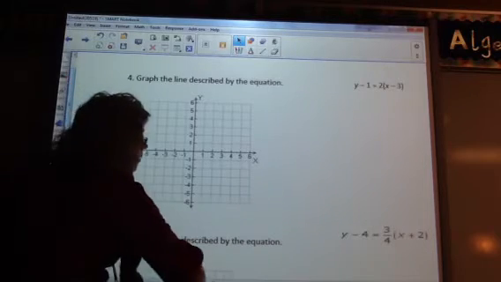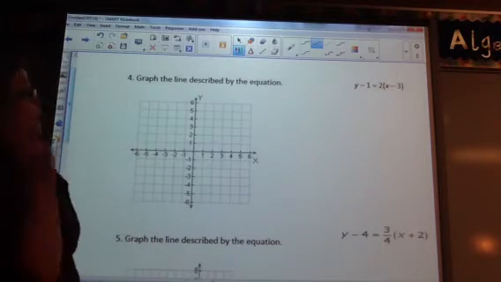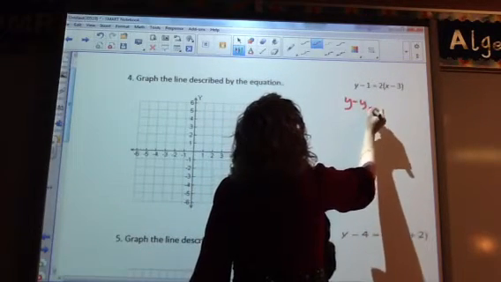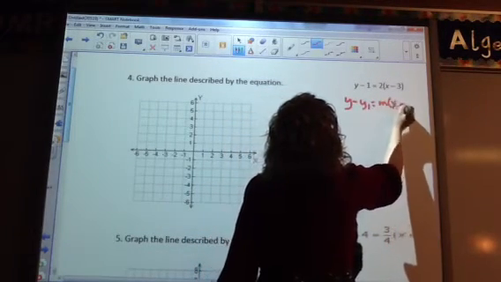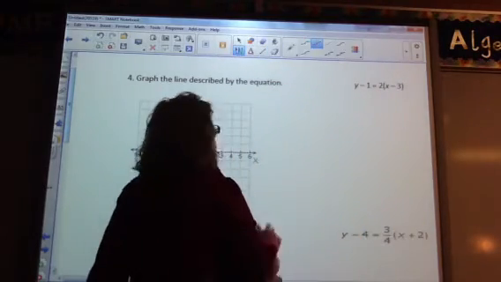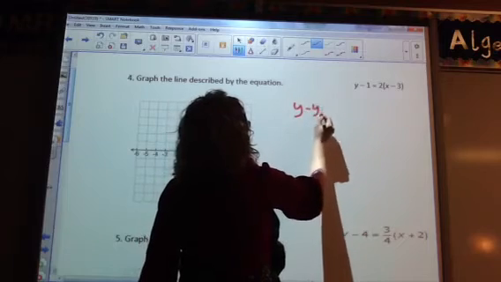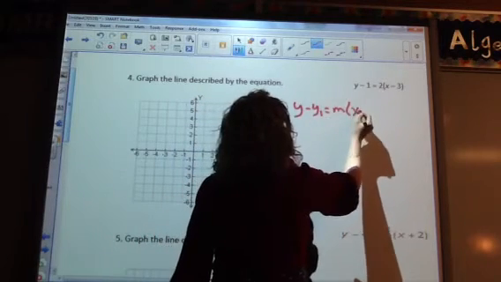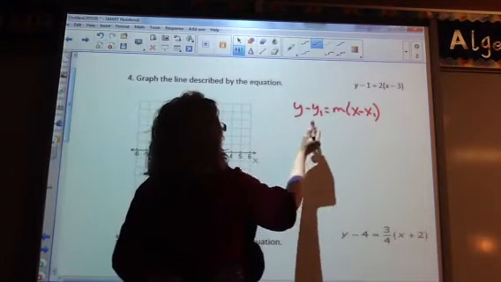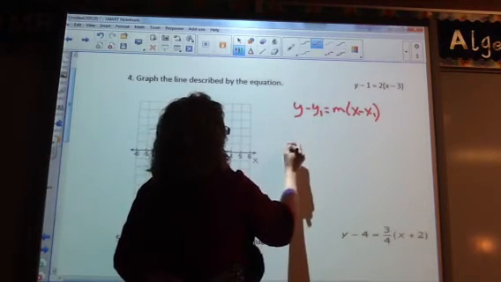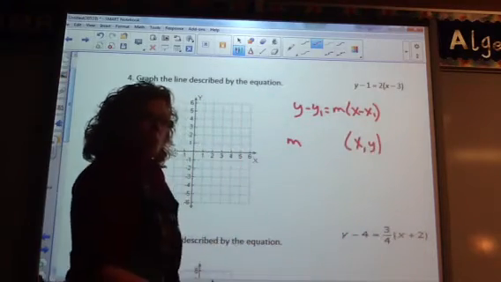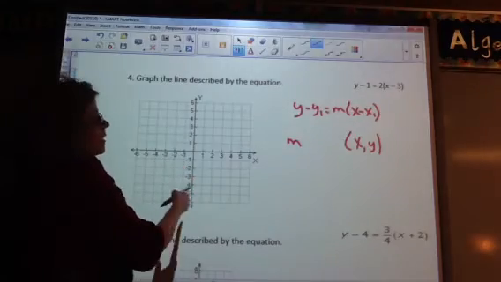Okay, now I'm going to give you the point slope formula, and you're going to need to graph it. Okay, so let's pull out what we need. Okay, so our y is 1, so we have our slope, and then we have our ordered pair. So if we start with the point and then do our slope, we can graph that line, okay?